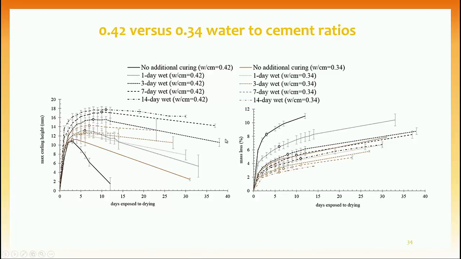But when you decrease the water to cement ratio, as you can see in this graph, the trends were very similar, but there was less curling and less mass loss in the samples with the 0.34 water to cement ratio.